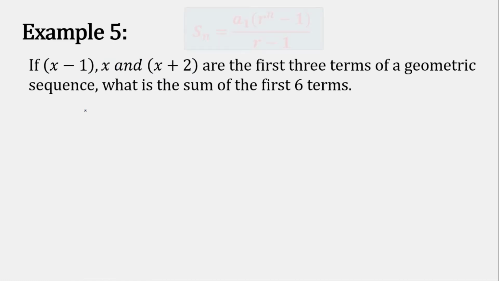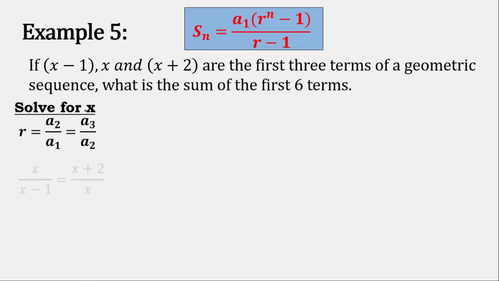We will use the principle of common ratio. So we know that x, the second term, divided by the first term, is equal to the third term divided by the second term. So we'll just use this to solve for the value of x. In this case, we'll do cross multiplication in order for us to eliminate fractions. So if we multiply x to x, we get x squared.